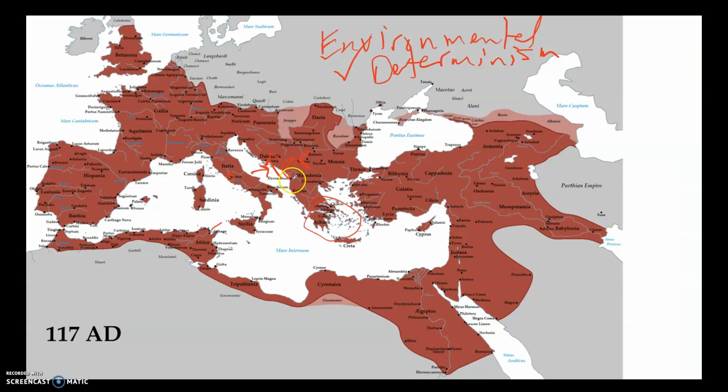So using India as an example of being in the middle of the Indian Ocean maritime system, we see Italy is also in the middle of a trade network, and this is the Mediterranean trade network.